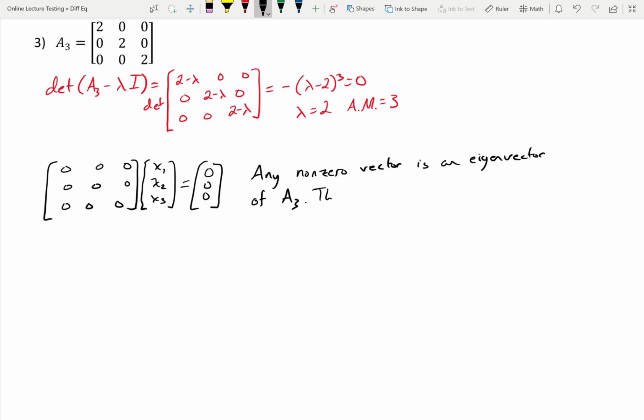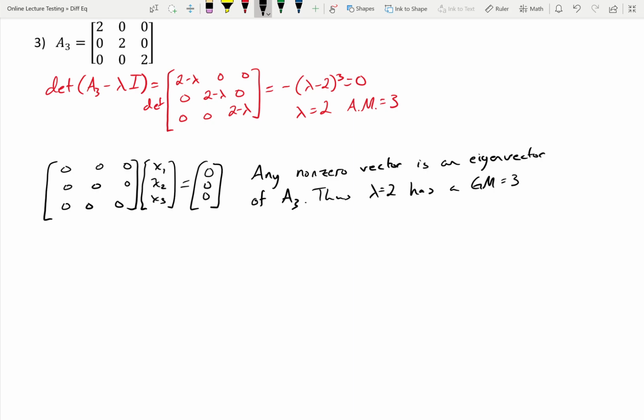So thus, lambda equal to 2 has a GM equal to 3. This would mean that it has a full set of eigenvectors. We should already know this, because when we go back to 4.5, when we talked about a matrix whose transpose is equal to its original, we could say that it has a full set of eigenvectors as well.